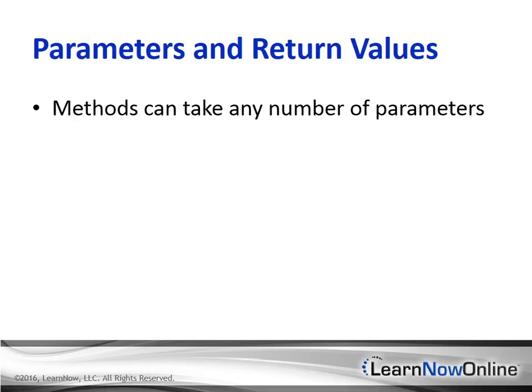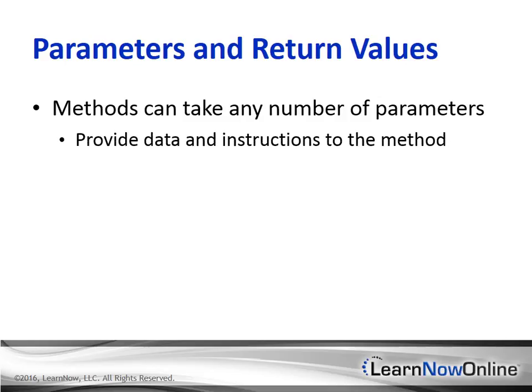Now methods can take any number of parameters, which can supply further instructions and information to the method. For example, the WriteLine method displays only a line break if it's called with no arguments. To display specific text, you pass that as an argument to the method. The Next method doesn't have to have an argument passed to it to generate a new random number.